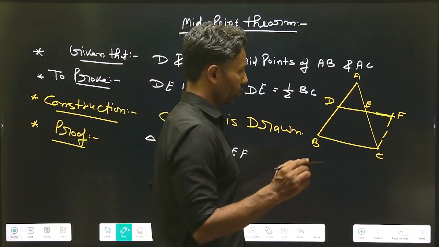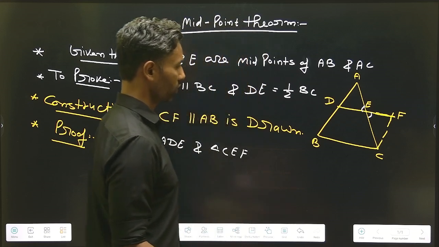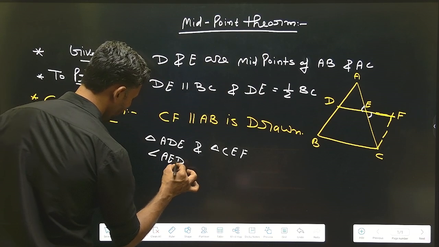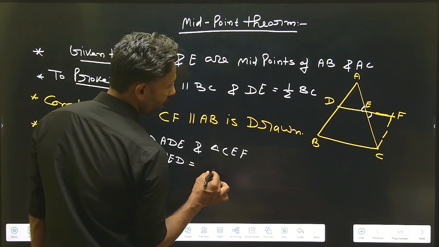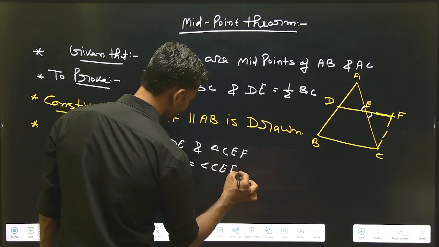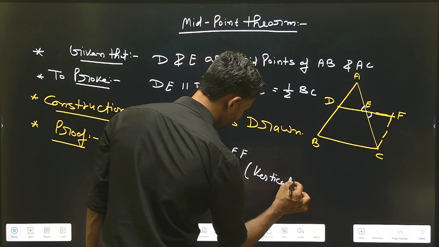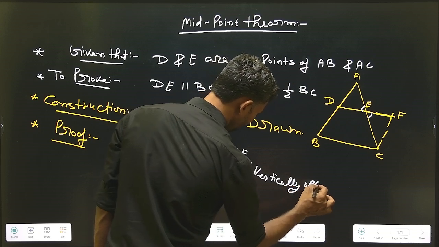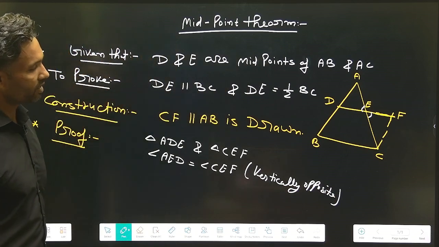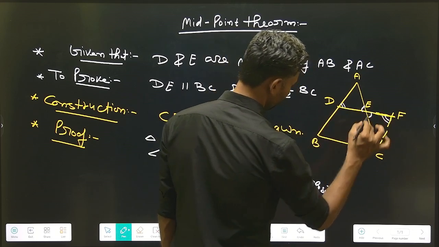We can say that this angle is equal to this angle, vertically opposite angles. So angle AED will be equal to angle CEF. Reason: vertically opposite angles. Second, this particular angle will be equal to this angle.